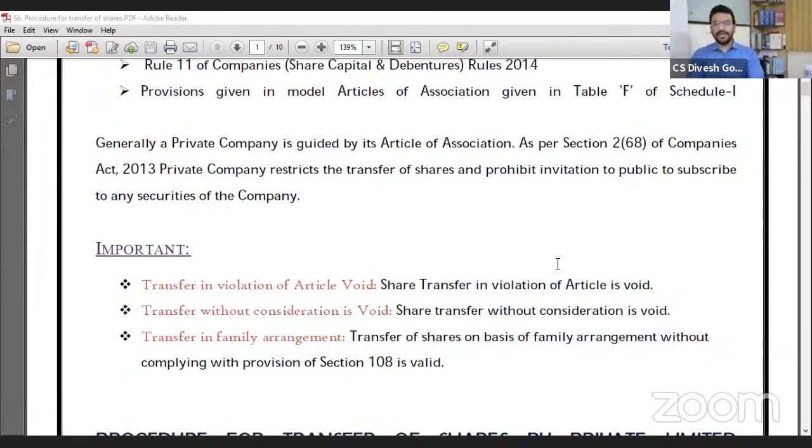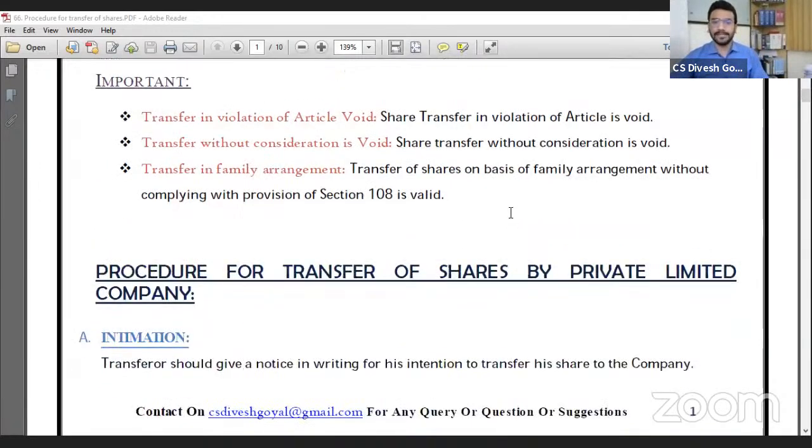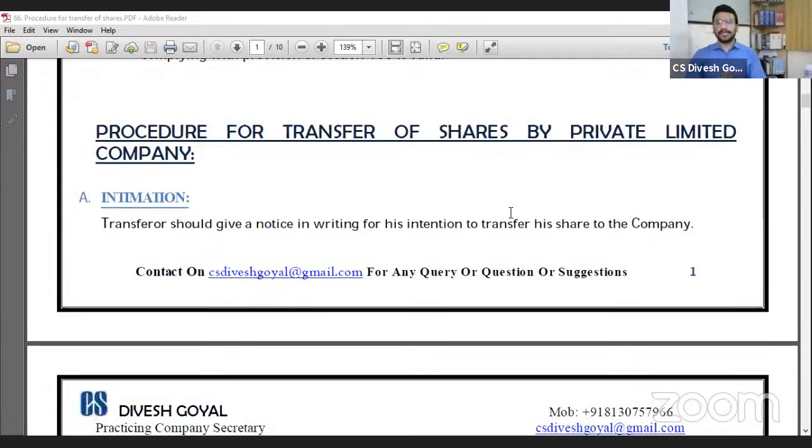So in general language, there is a restriction on a private company transferring its shares to an outsider directly, because a private company has to go according to the Articles of Association, and it is a restriction under the definition of a private company. They cannot transfer their shares directly to an outsider, and they cannot invite the public to subscribe to the shares of private limited companies. So in this video, we are going to discuss the step-by-step process of transfer of shares in the case of a private limited company.